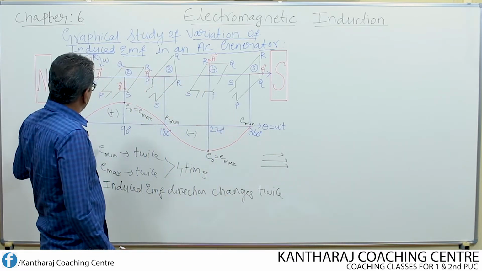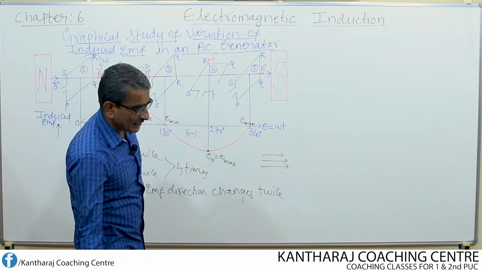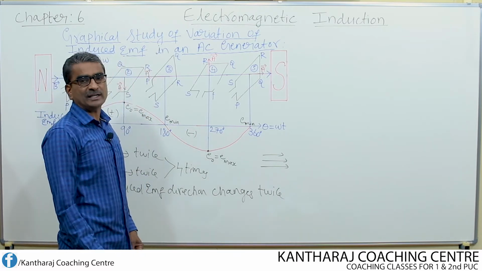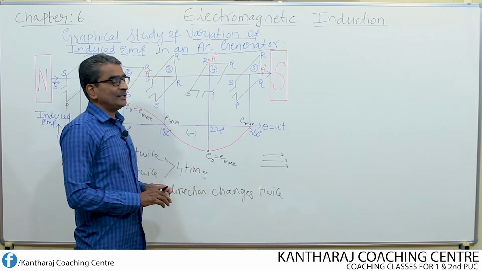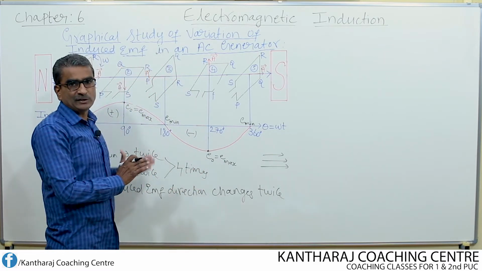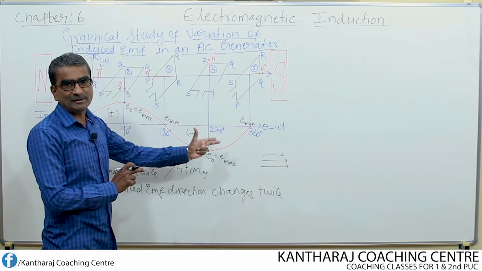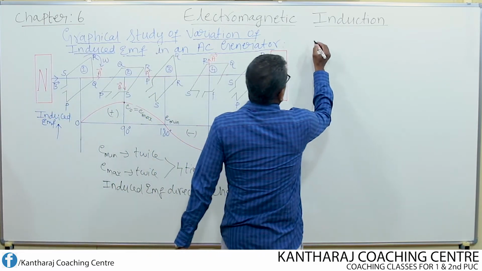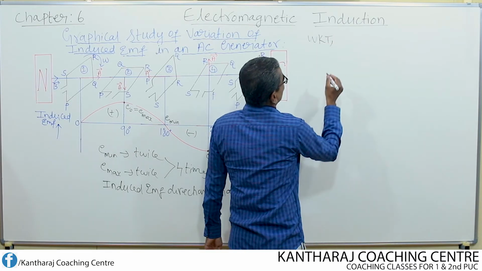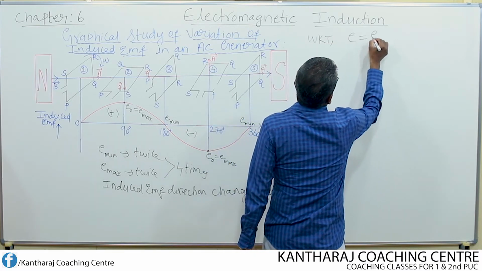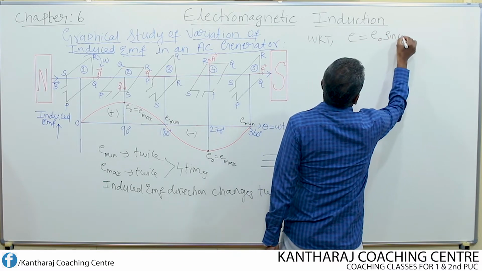Okay, so this is how we can study the variation of induced EMF graphically in an AC generator. Now mathematically also we can verify how the induced EMF becomes maximum and minimum. We know the equation: induced EMF in an AC generator is given by E equal to E naught sin omega t.